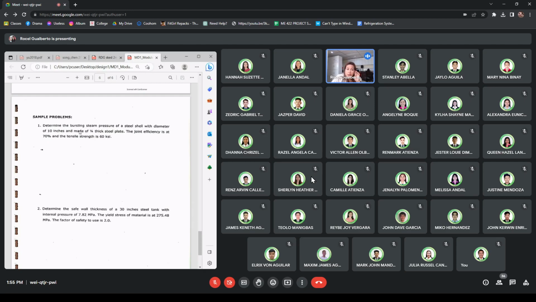So, ito po yung pressure kung saan posibleng sumabog yung ating vessel. So, pag nilagyan mo po yan ng factor of safety, of course, hindi po yan sasabog. Okay? Kaya ang sinasabi dito is the bursting steam pressure. So, you do not include here the factor of safety.